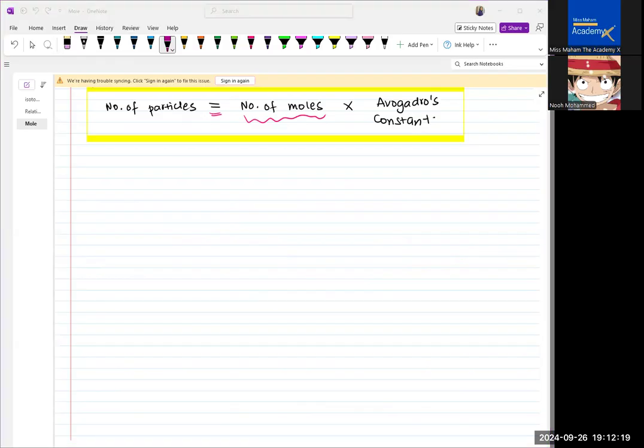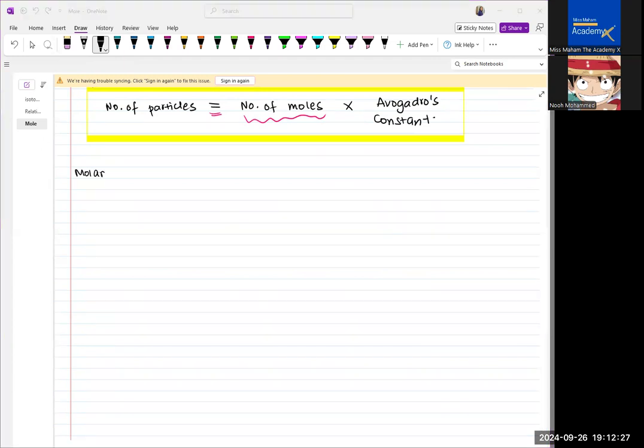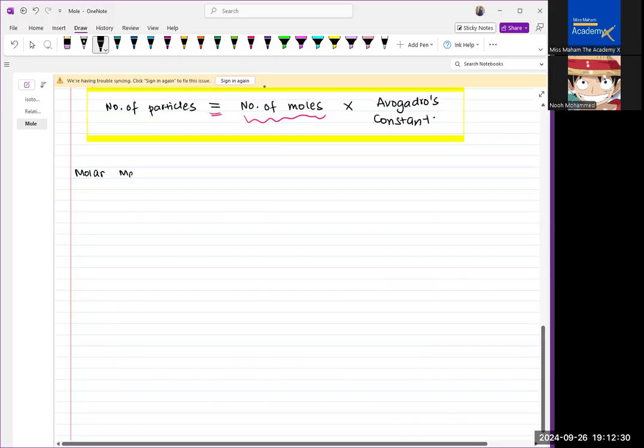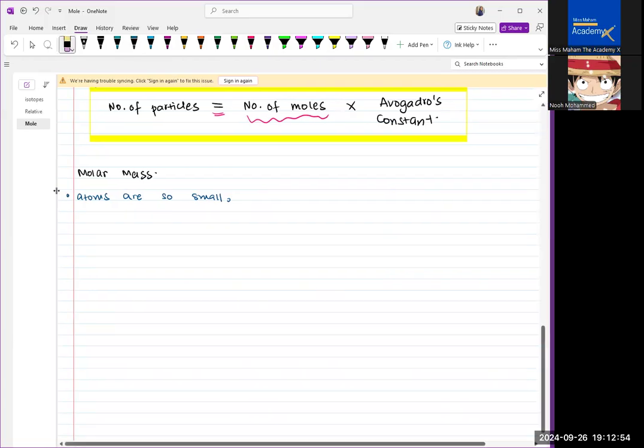Now let's do molar mass. So let's start with what molar mass actually is.